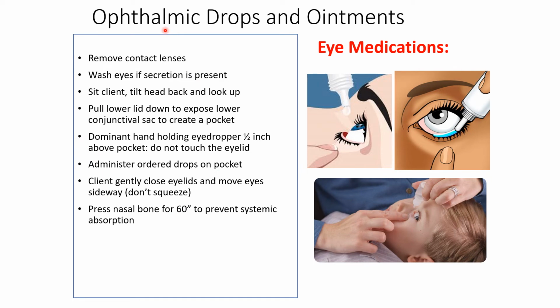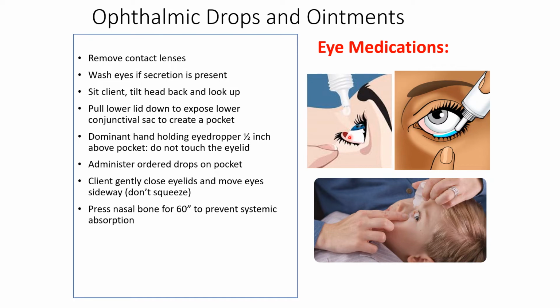For the administration of ophthalmic medication, you need to know that the medication is placed in a pocket created by pulling down the lower lid, both drops and ointments. And it's important to first clean the eyes of secretion and make the client adopt an upright but leaning back head position, looking upward to deviate the cornea, the sensitive part of the eye, from the place where the drop or the ointment is going to be placed.